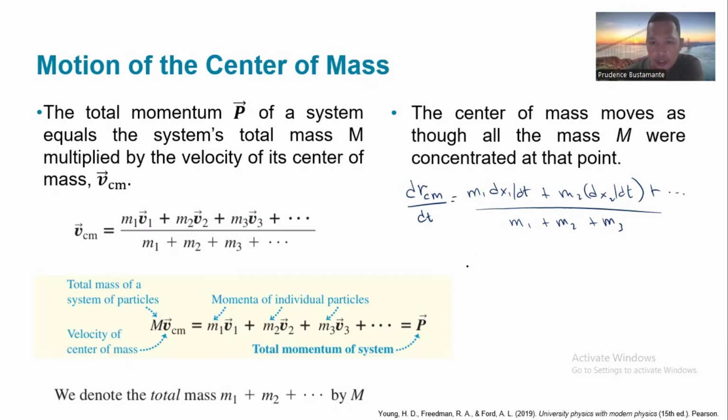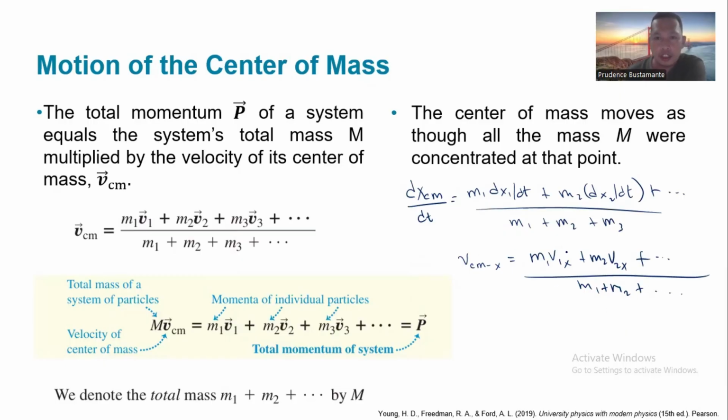So this will become the v center of mass along x, which is equal to m1 v1x plus m2 v2x plus that over m1 plus m2 plus that.